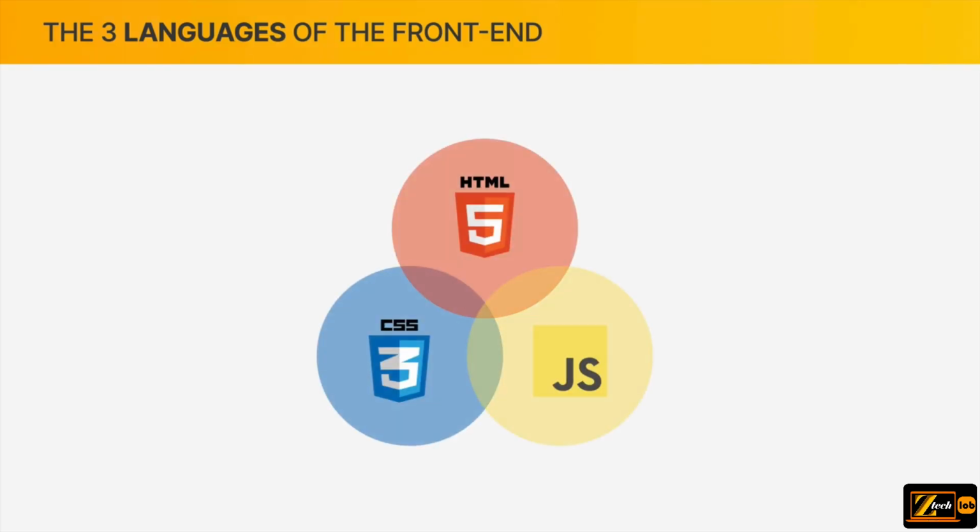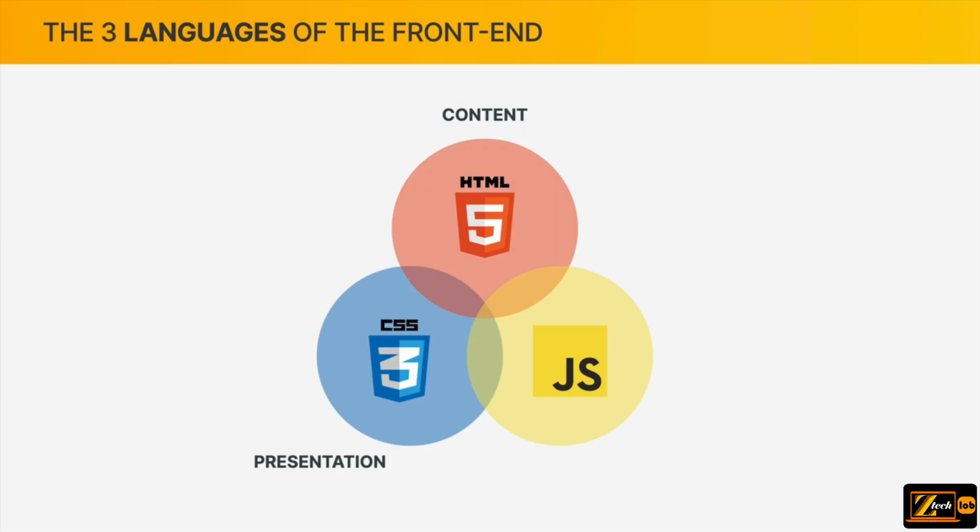So HTML, CSS, and JavaScript. And starting with HTML, HTML is responsible for the content of the page. So that's the text, the images, the buttons, and really all the content that you see on a web page is always written inside an HTML file. Then the CSS is responsible for the presentation of that content, so basically for styling and for laying out the elements on the web page.